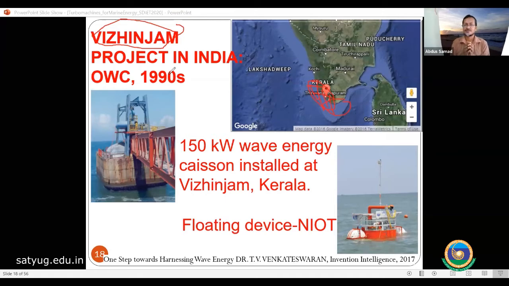Then they started research in the 1980s, 1983. Finally it got installed in the 1990s, I think 1999 or sometime. Initially it was giving some power, but not very high, so finally they dismantled it. I'll discuss the reasons later.